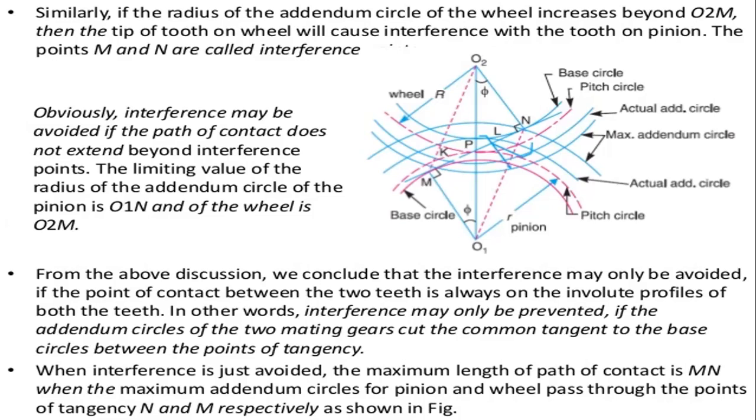In other words, interference must also be prevented for involute teeth, because cycloidal teeth do not have any interference. It can be prevented if the addendum circles of the two mating gears cut the common tangent to the base circles at the points of tangency.